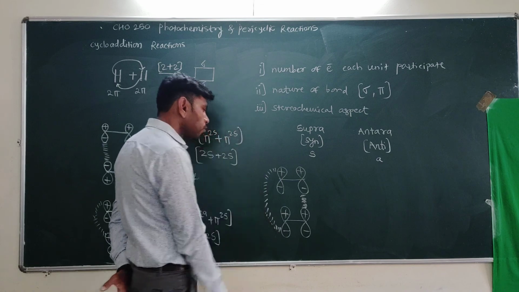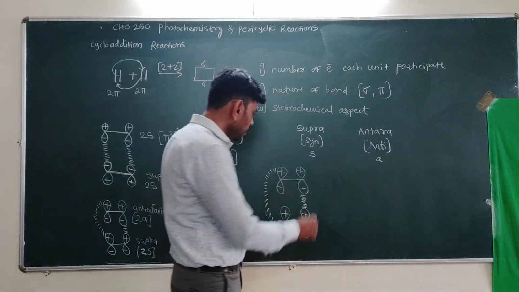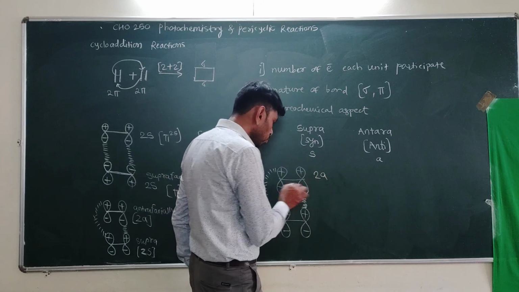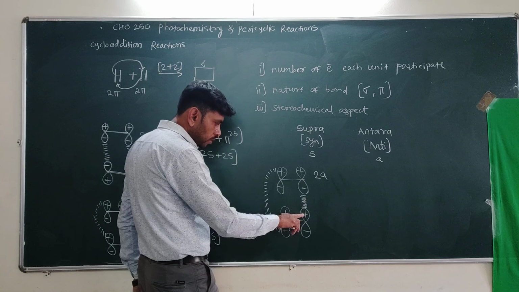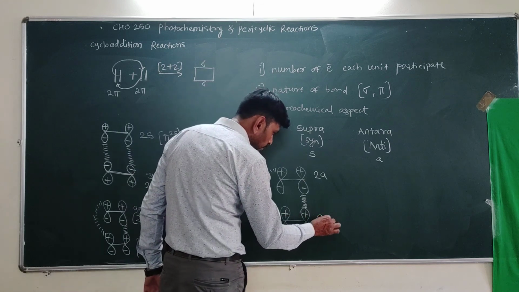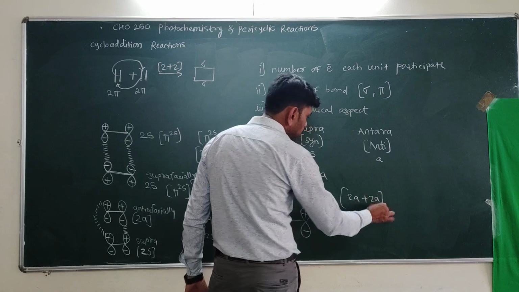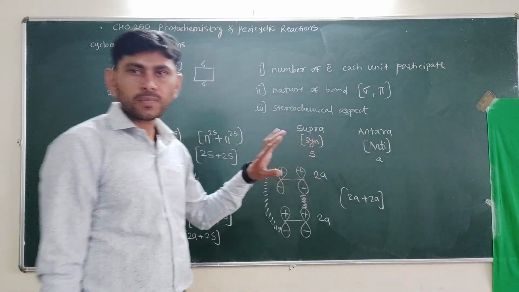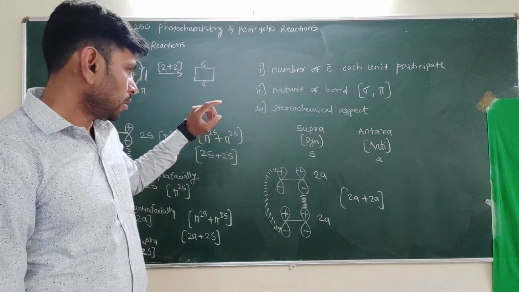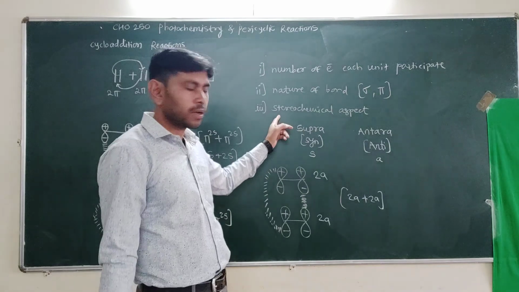So if such a type of overlap is there, this component, one above lobe, one below lobe, is acting antarafacially. So 2a here, one below lobe, one above lobe, so antarafacially. So this reaction is 2a plus 2a. Okay. So in this manner we can write whether the component is acting suprafacially or antarafacially.